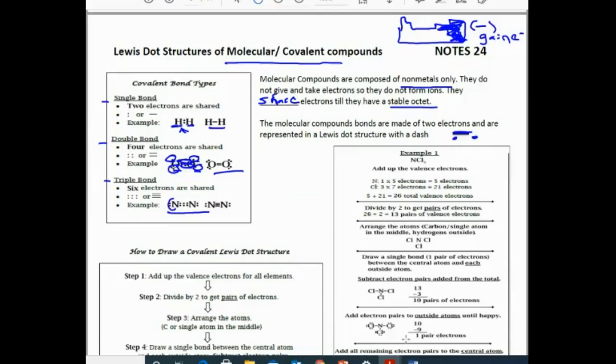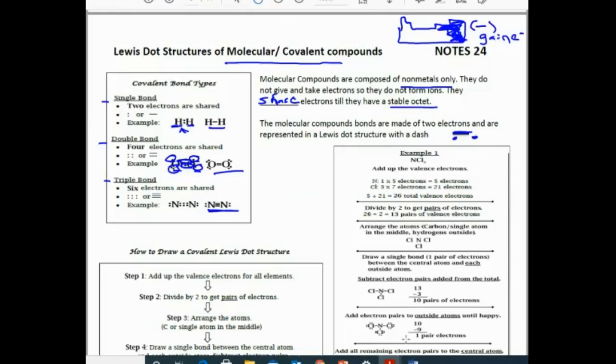So this one has 1 pair of its own, so that's 2, and then it shares 3, 4, 5, and gets from the other nitrogen 6, 7, 8, that's 8. The other one has 2 of its own, and then shares those 6, so then has 8. It's not that they have 8 by themselves, it's just that when it's said and done, they have 8 that they could be sharing, so they have 8 part of the time.